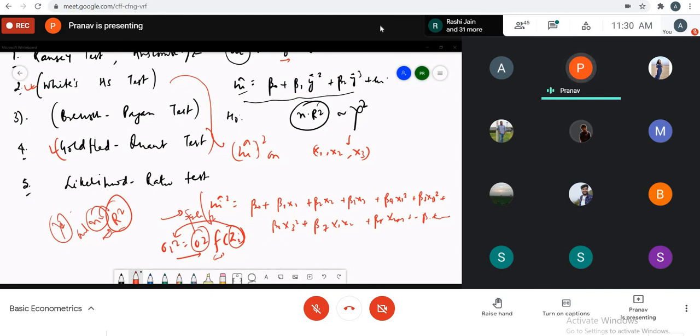You just include one explanatory variable at one time. You look at the R square of these equations and decide which equation gives you better information about the presence of heteroskedasticity. Is this clear? What you have to do?